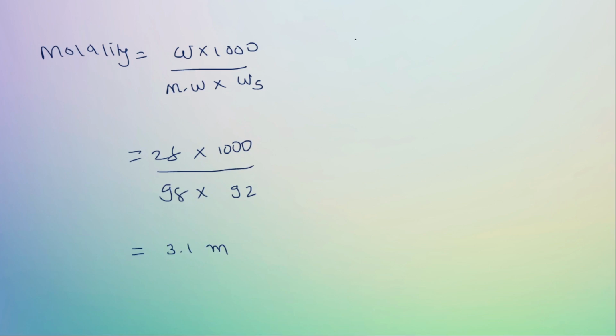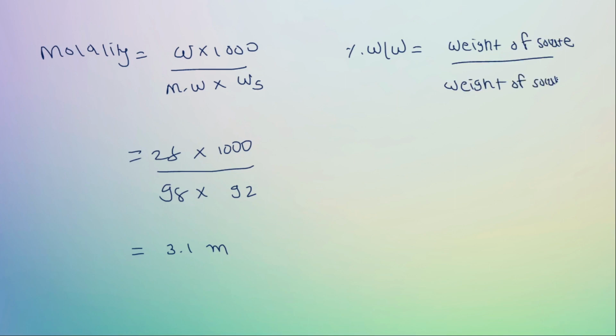So to find the percentage weight by weight, we have the formula: weight of solute upon weight of solution into 100.